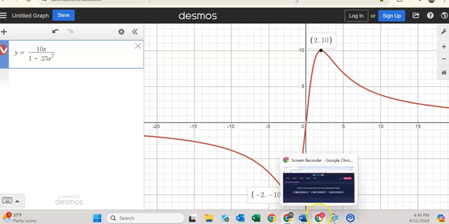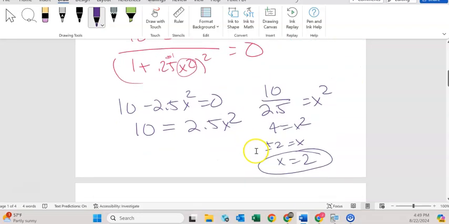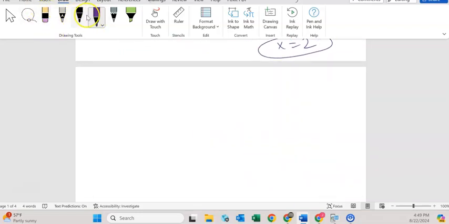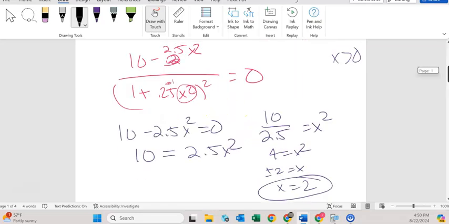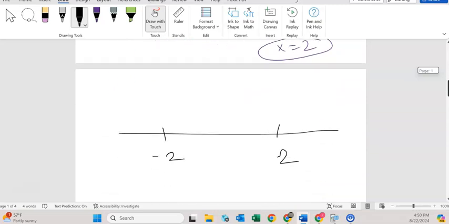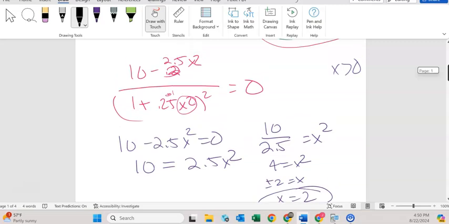So if I wanted to continue this, let me come back down here. Remember that then I would go on and put -2 and 2 into my first derivative, so this here. If I put in 0, the top would be, bottom's always positive, so I only care about the top.